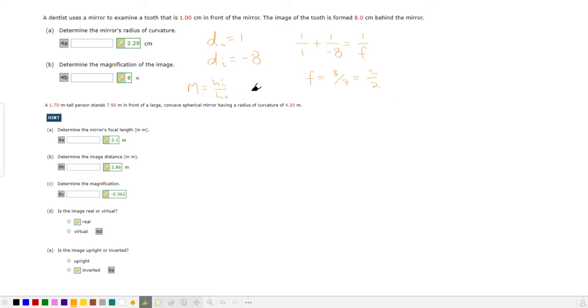That's the definition of magnification. Well, I don't have the image height, but I do have the image distance, so I can remember this relationship, that hi over ho is equal to minus di over do. Di is minus 8, so minus 8 is plus 8. The object distance is 1, so that gives me a plus 8 for magnification.